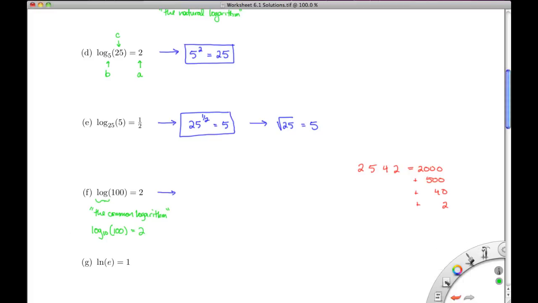Now each of these numbers can be thought of as a multiple of a power of 10. So 2 is the same as 2 times 10 to the power of 0. 40 is 4 times 10 to the power of 1. 500 is 5 times 10 to the power of 2. And 2,000 is 2 times 10 to the power of 3.